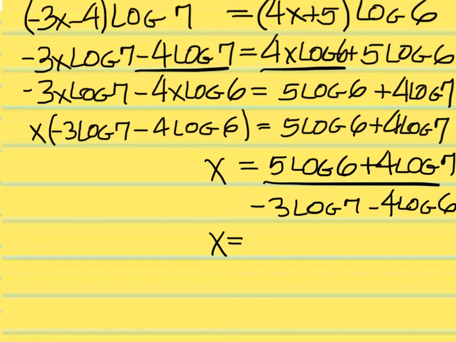It's going to be 5 log 6 plus 4 log 7, and then divide by negative 3 log 7 minus 4 log 6. Okay, did anybody come up with negative 1.2874?